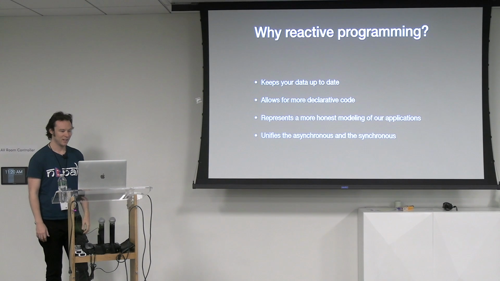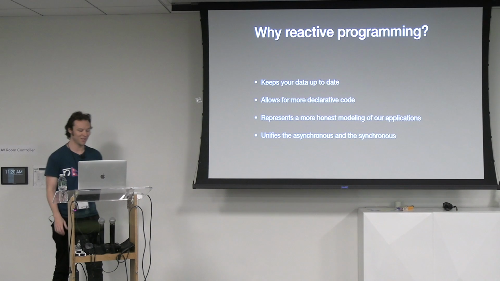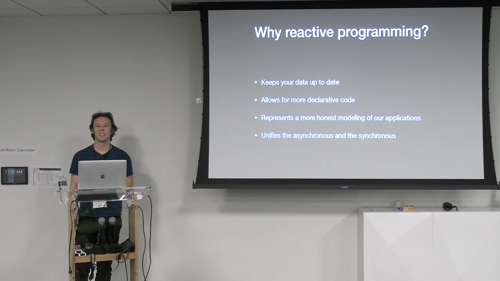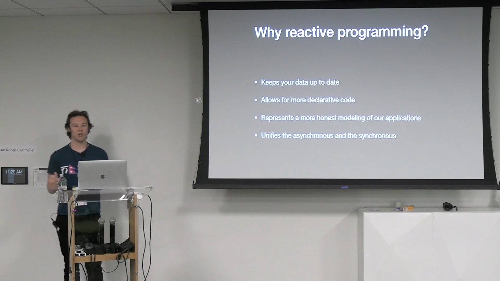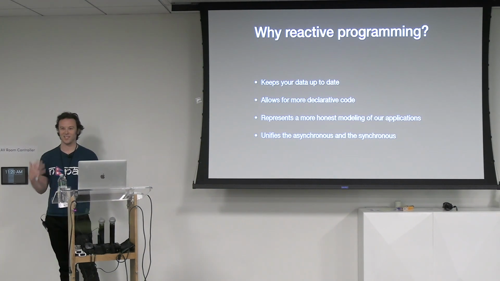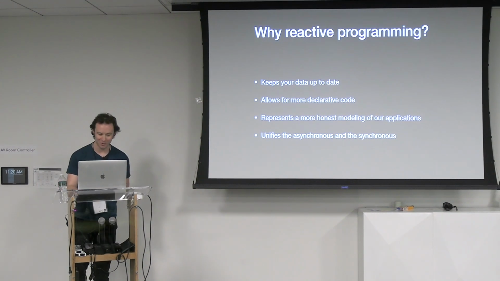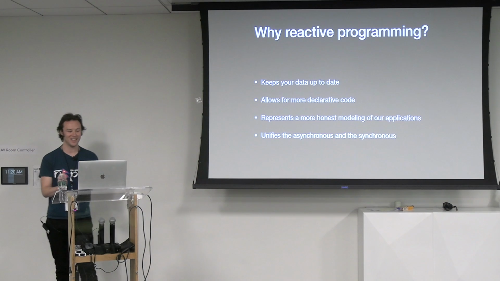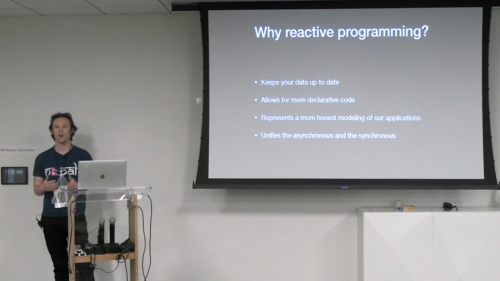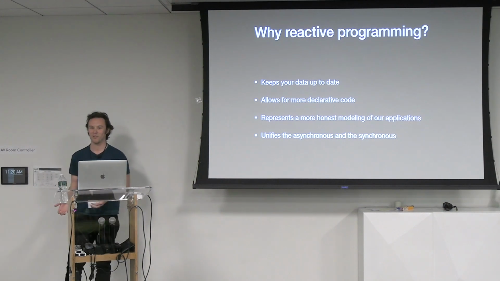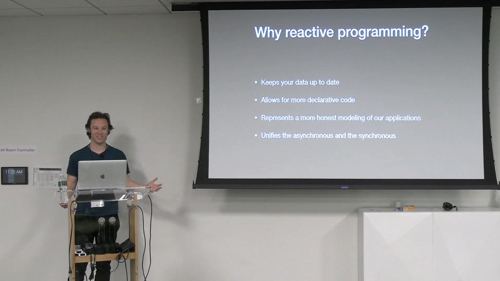And then the last point here is that it unifies the asynchronous and the synchronous. And this is a very interesting point when it comes to coroutines. But reactive programming, especially RxJava, helps to unify the worlds of the asynchronous and the synchronous by making everything asynchronous. It's probably worthwhile to spend a little minute there, because usually as programmers, when we think about solving some of the complexity of asynchronous programming, we don't think of doing that by making everything asynchronous.